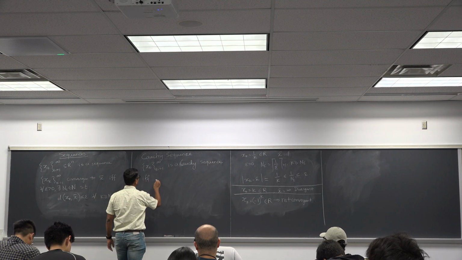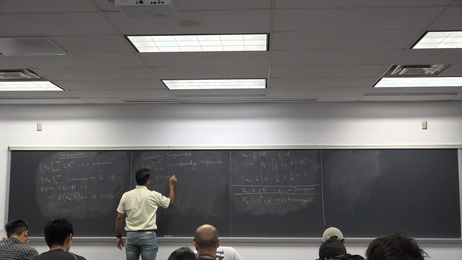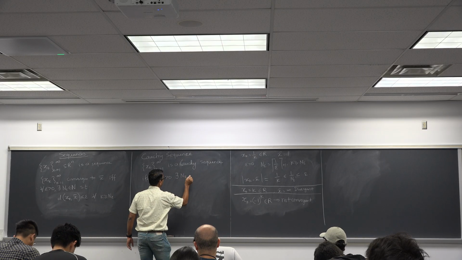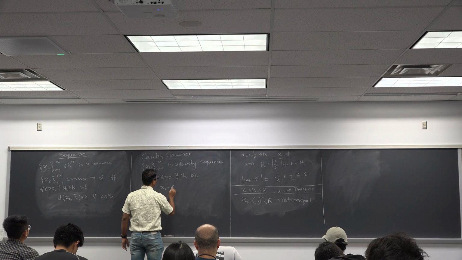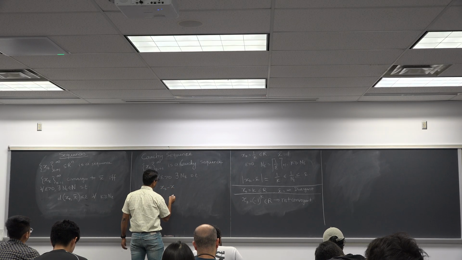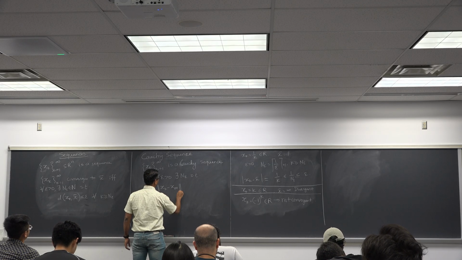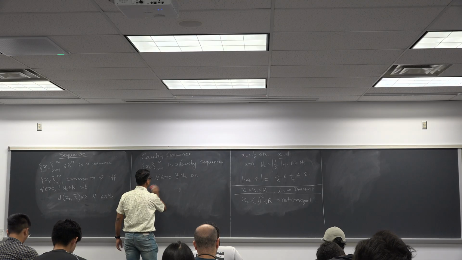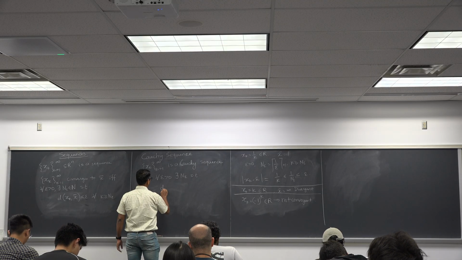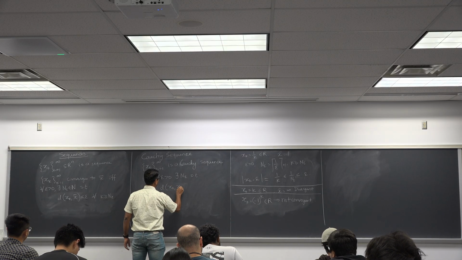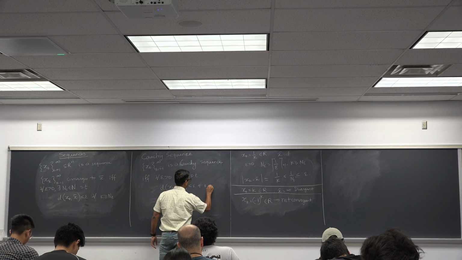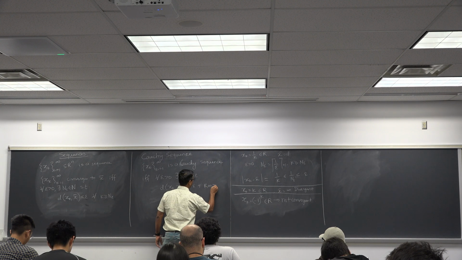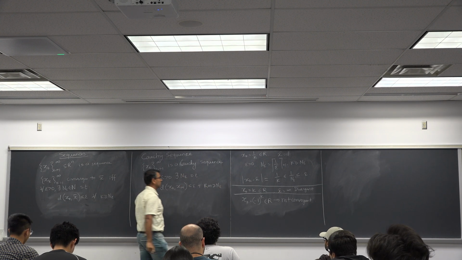If and only if for every epsilon greater than 0, there exists an n epsilon such that xk minus xm, oh, I have to use metric, for every k and m greater than or equal to n epsilon.